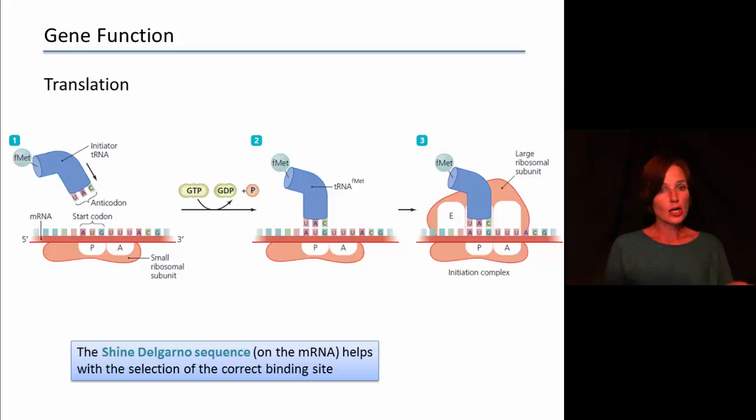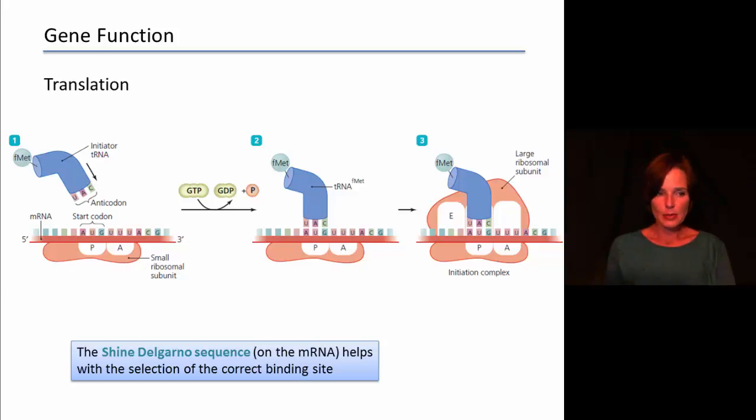First thing is that the small subunit of the ribosome has to bind to it. So we can see that happening right here. There are going to be specific sequences there on the RNA molecule that help with the selection of where to actually bind, so where we actually want to start this process. The Shine-Dalgarno sequence is one of those sequences that helps the cell to know this is where we want to bind, this is where we want to start.